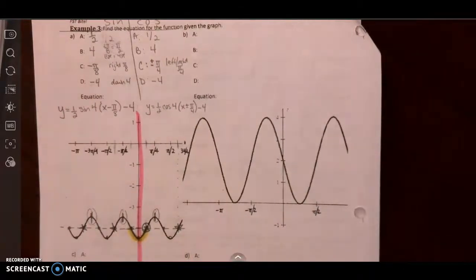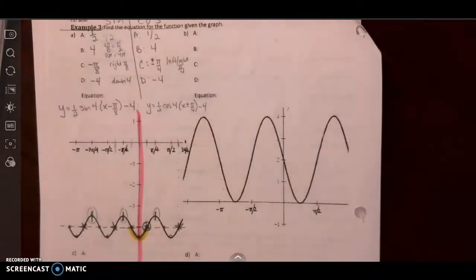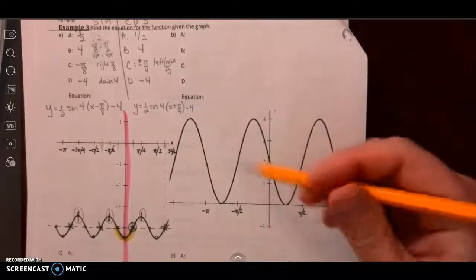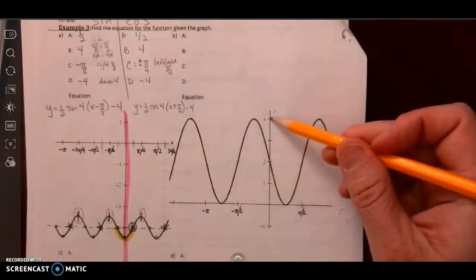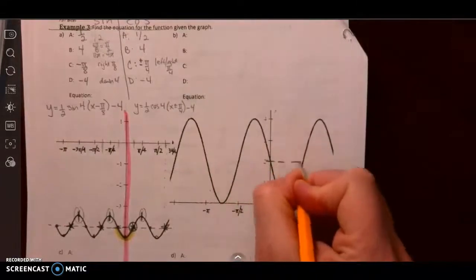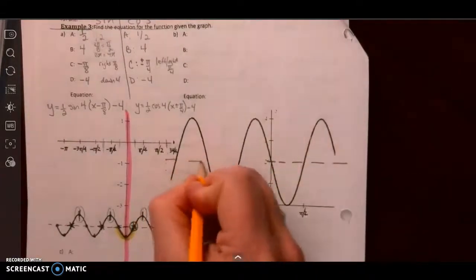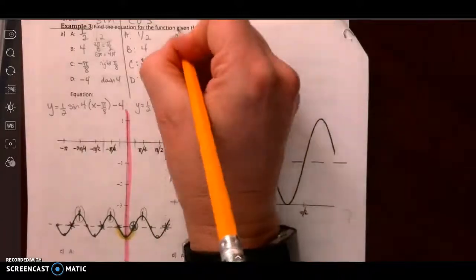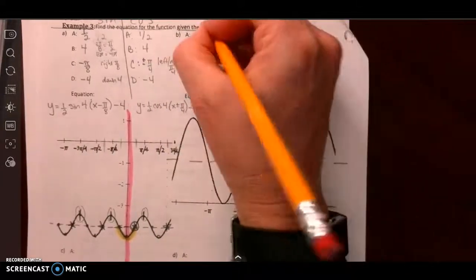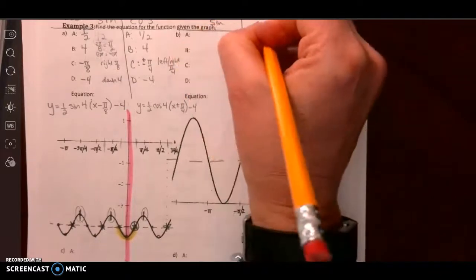All right, let's go to letter B. So for letter B, again, the first thing I always have to do is draw my axis. I see that this goes from 0 to 4, so 2 would be halfway. So there's my axis. I'm also going to go ahead and set this up for sine and cosine.